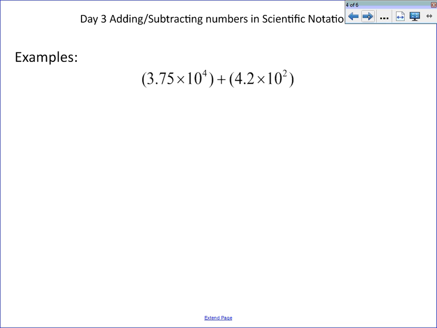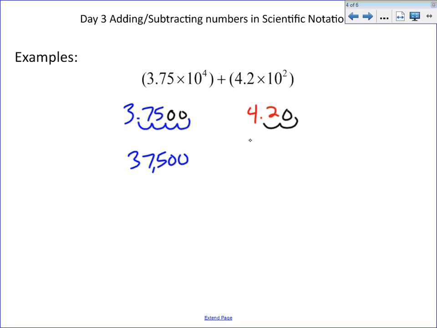Let's look at another example. Again, we're going to take 3.75, move it 4 spaces to the right, 1, 2, 3, 4, and add our zeros. That gives 37,500. We take our 4.2, move it 2 spaces, 1, 2, add our 0, and we get 420.